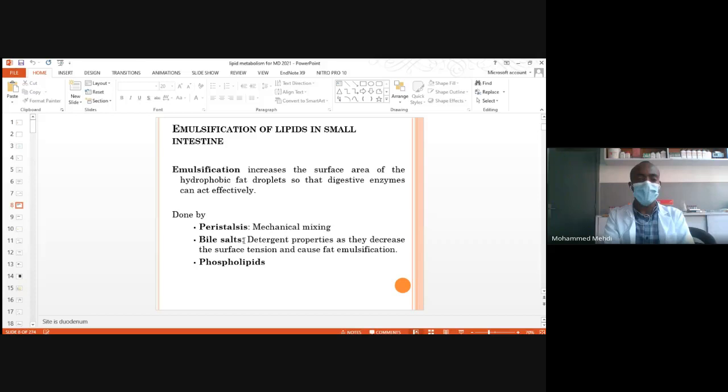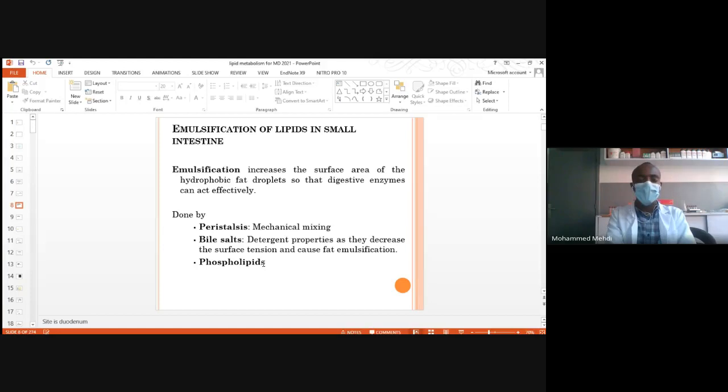This will be very important to give this emulsification function. Detergent properties will be given by these bile salts. As a result, it will decrease the surface tension between lipid droplets, and there will be disintegration of the lipid droplet. It occurs as a result of bile salt.